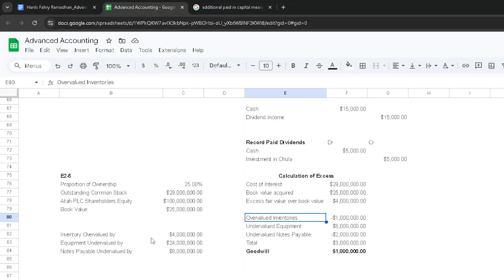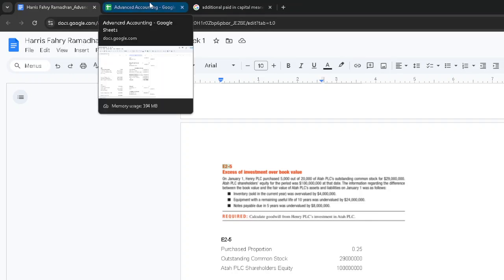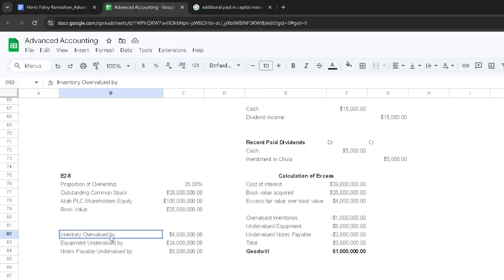I say this because the case also stated that there are assets and liabilities that are over or undervalued, such as these. So we need to include these here to calculate the excess, to compare the excess fair value with the total of under and overvalued. So let's begin. At first, what I basically did here is multiply all of these by 25%.